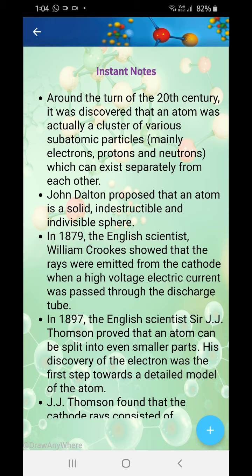But around the 20th century, many years after that, we came to know that atoms can be divided into subatomic particles such as electrons, protons and neutrons, which can exist separately from each other.